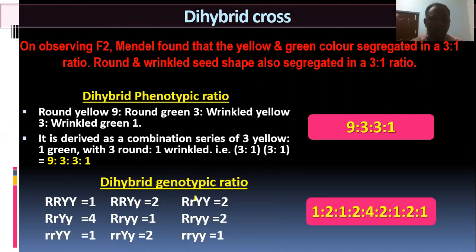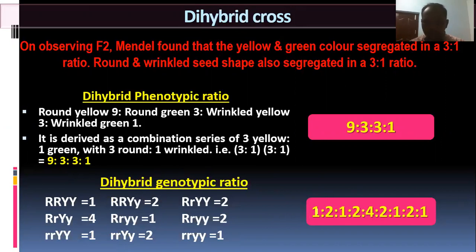Capital R small r, capital Y capital Y is 2. Capital R small r, capital Y small y is 4. Capital R capital R, small y small y is 1. Capital R small r, small y small y is 2. Small r small r, capital Y capital Y is 1. Small r small r, capital Y small y is 2. Small r small r, small y small y is 1. So in total we are getting 16 progeny.